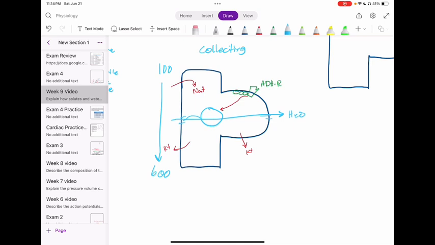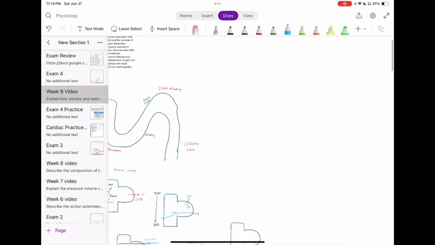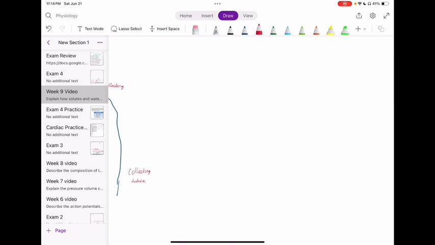So now we're going to talk a little bit about filtration. I drew something like this before.